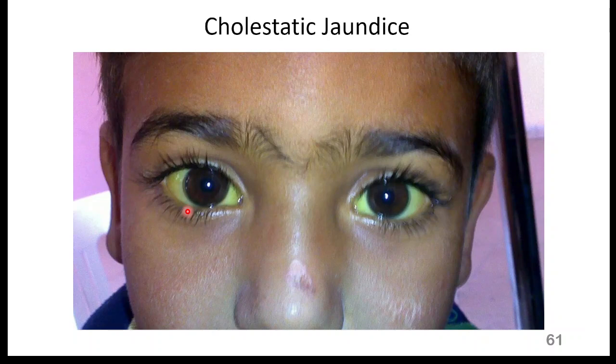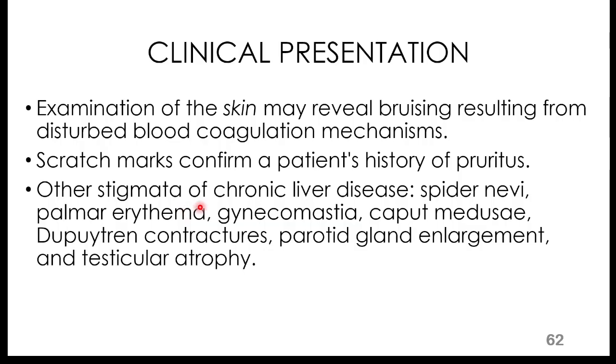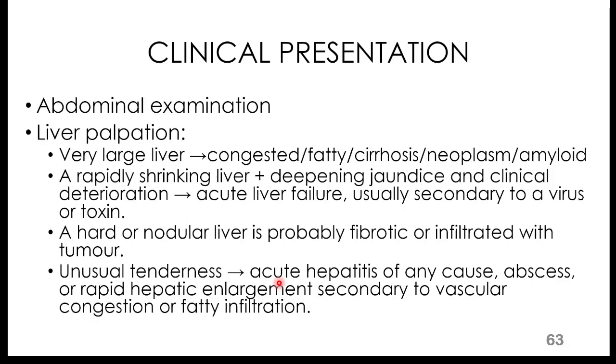It suggests an obstructive jaundice. We might see scratch marks on the patient that will confirm the patient's history of pruritus. Then there are stigmata of chronic liver disease: spider nevus, palmar erythema, gynecomastia, and so on.